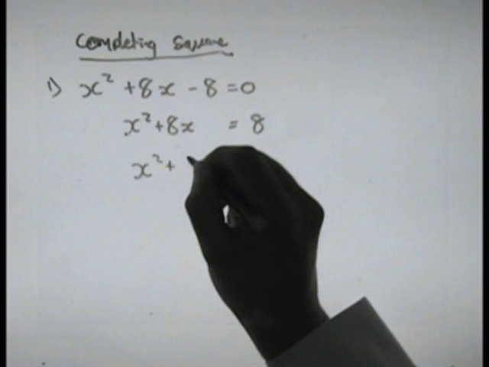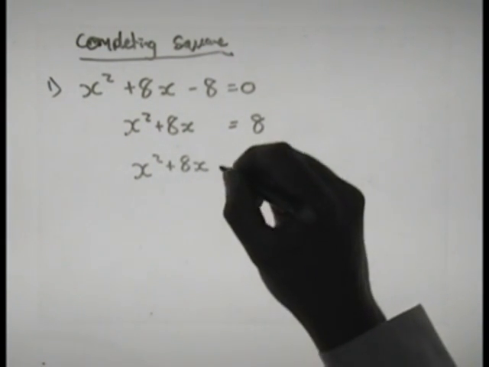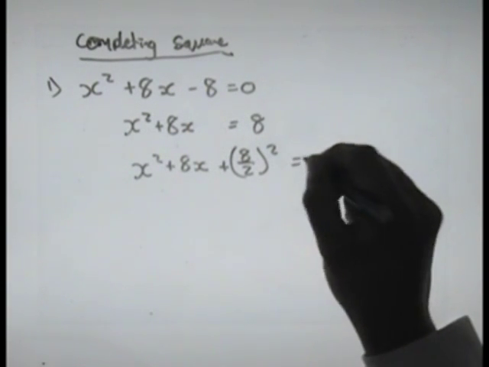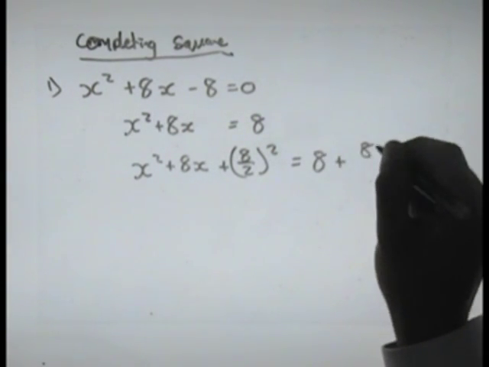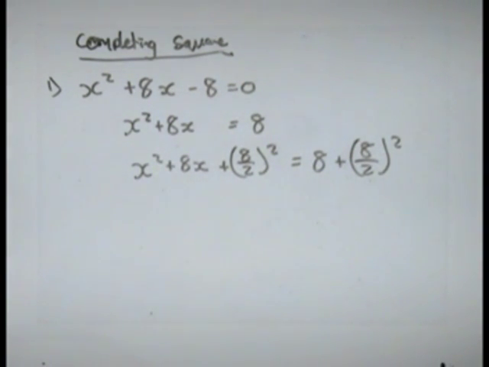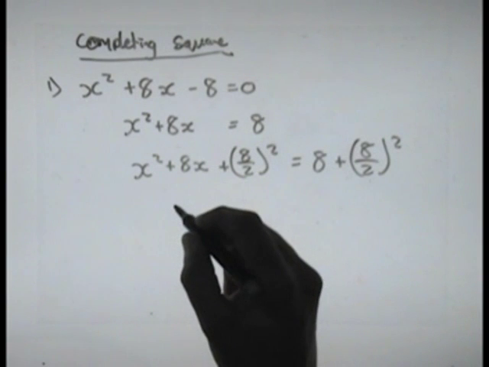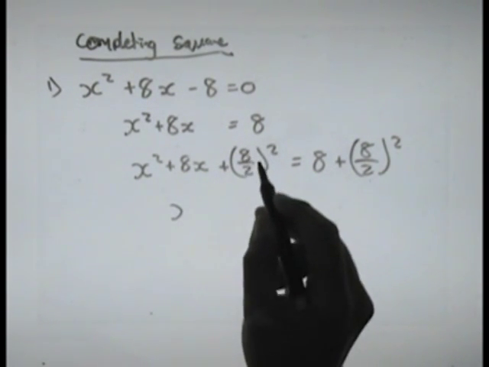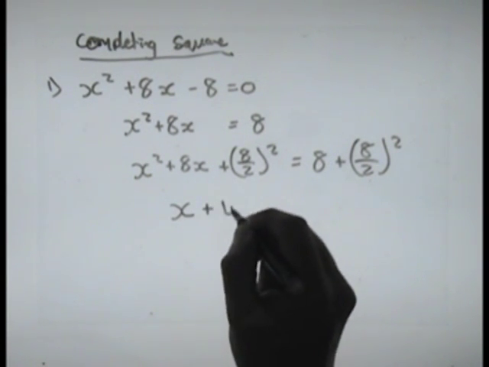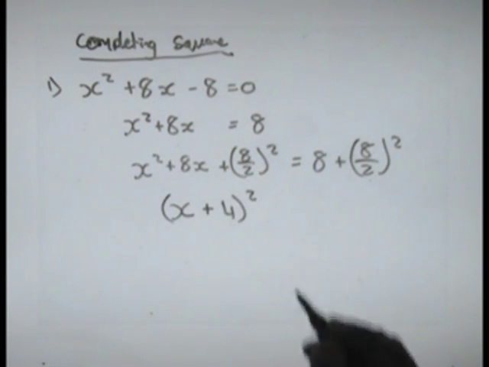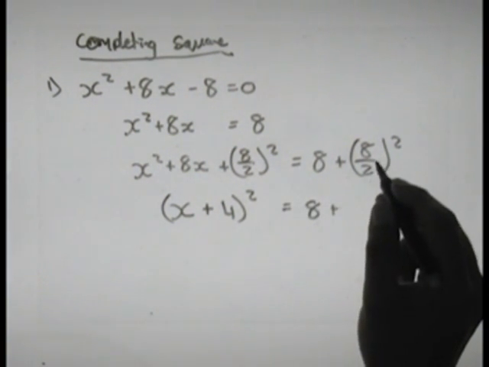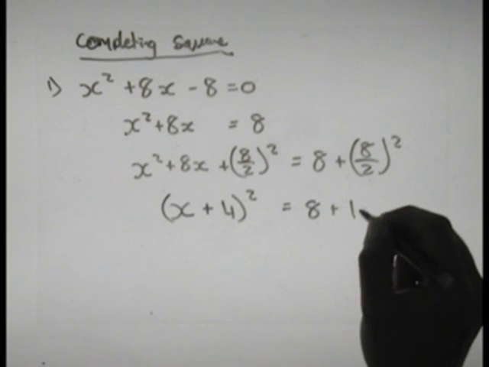X squared plus 8x plus 8 over 2 squared is equal to 8 plus 8 over 2 squared. What I do to one side, I do to the other. 8 over 2 is equal to 4, so this is going to become x plus 4 squared is equal to 8 plus 8 over 2 is 4, squared is 16.